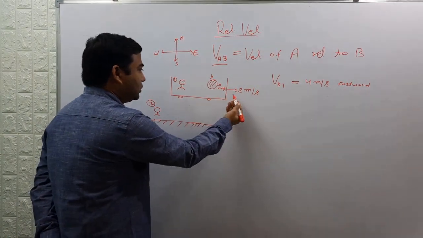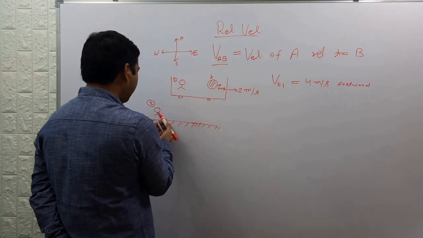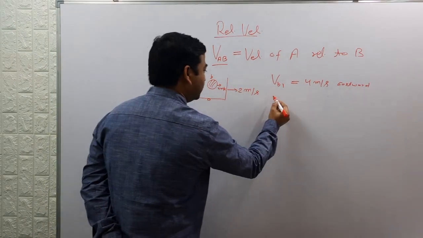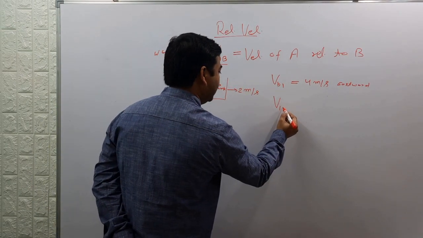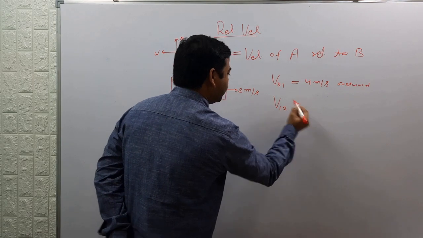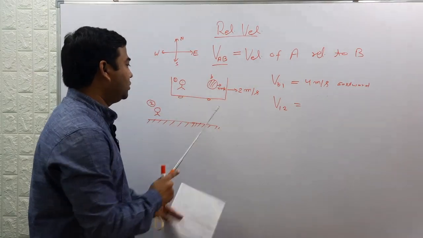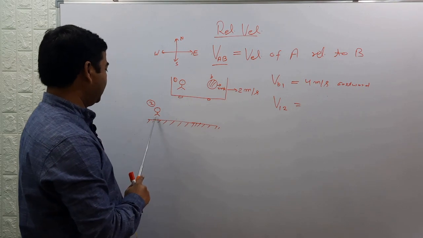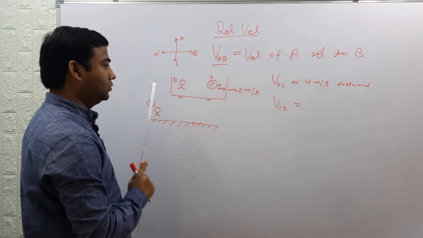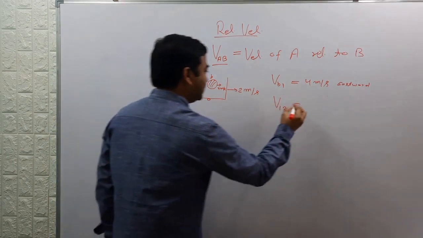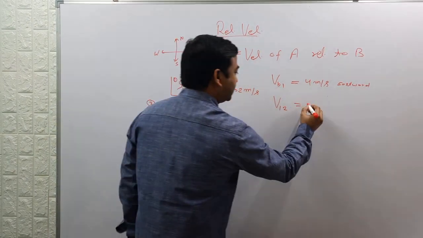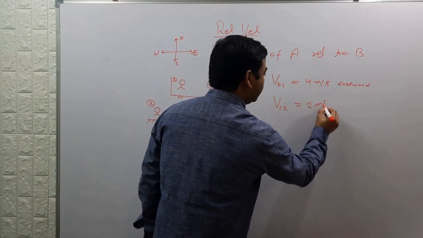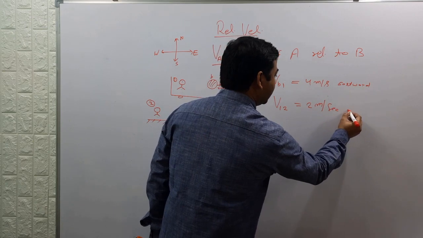So the velocity of cart with respect to observer 2, we can say V12. That is, the velocity of cart or the velocity of observer 1 with respect to observer 2 is 2 meters per second, also eastward.